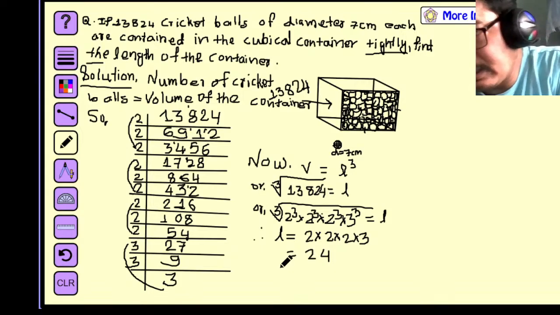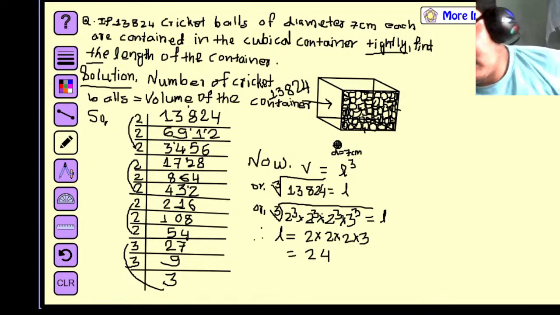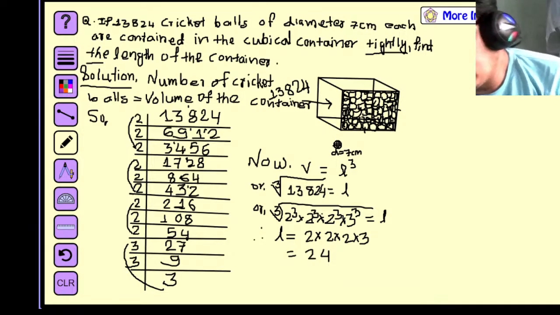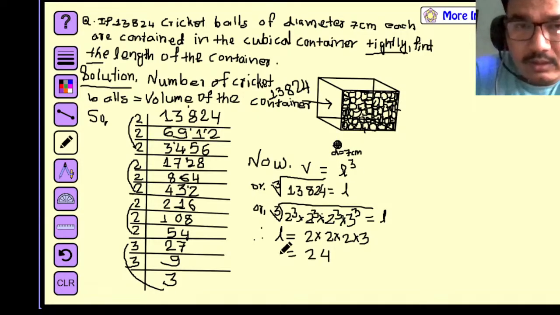Look here, then length of the one ball. Length of the one ball equals the diameter of the ball, you know, right?